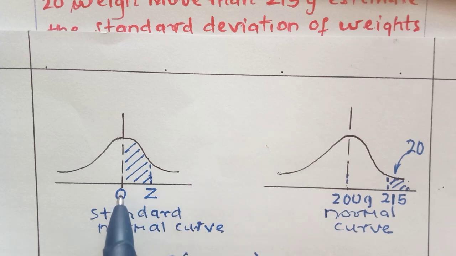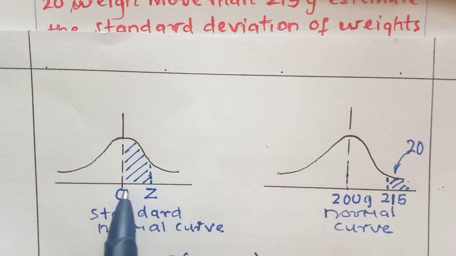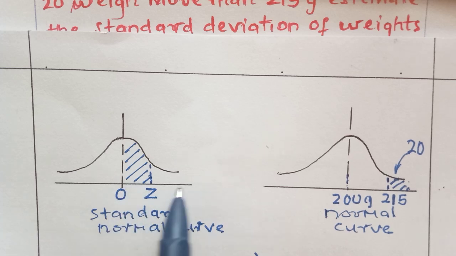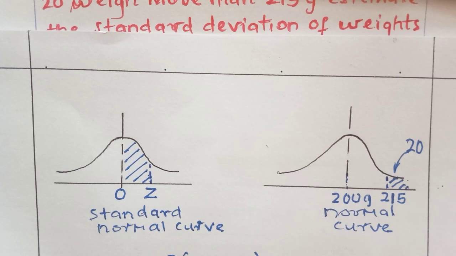So for me to get 0 to Z, I take 0.5 and subtract 0.066.